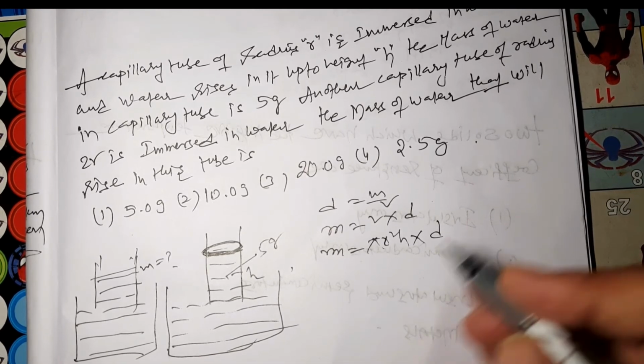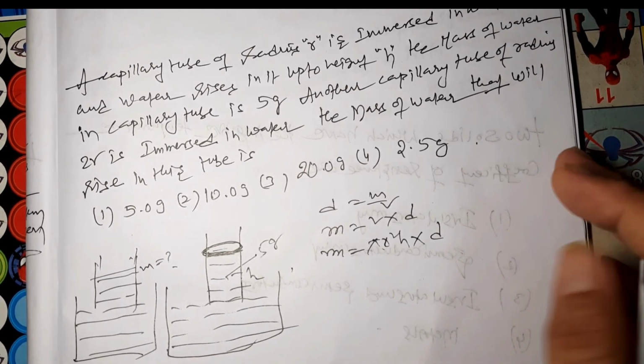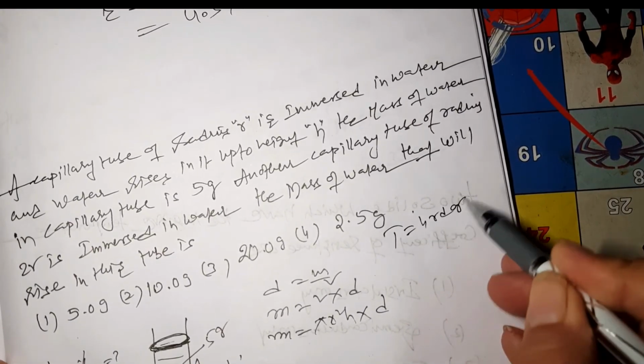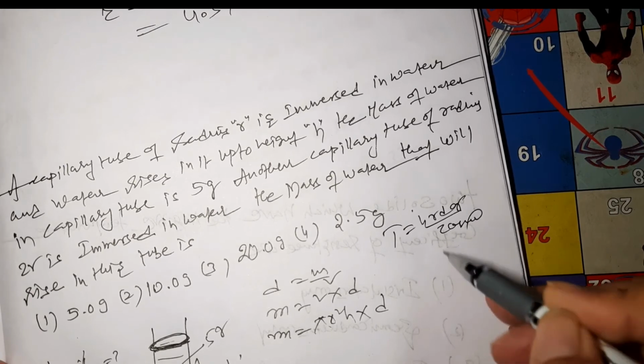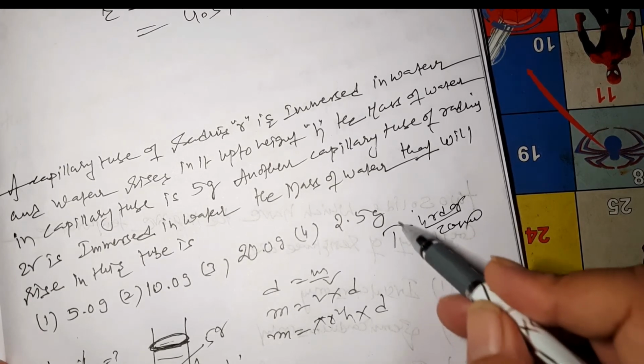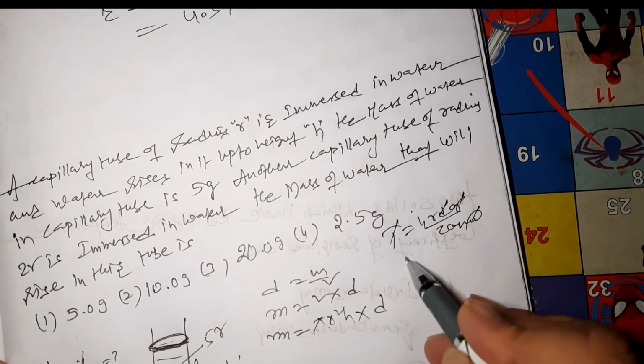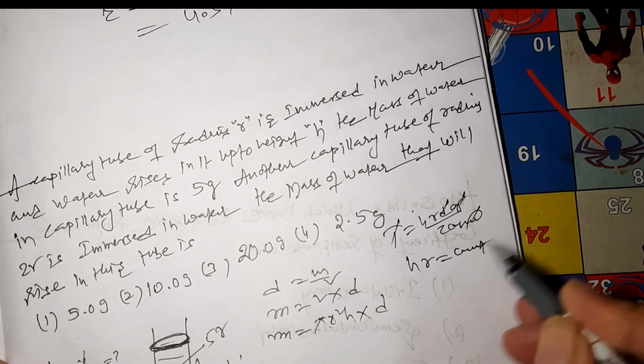So here, we know the formula T is equal to h r d g by 2 cos theta. Here T, d, g, theta are constant, so h r is equal to a constant.